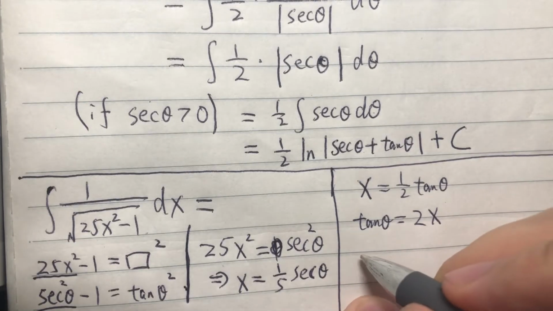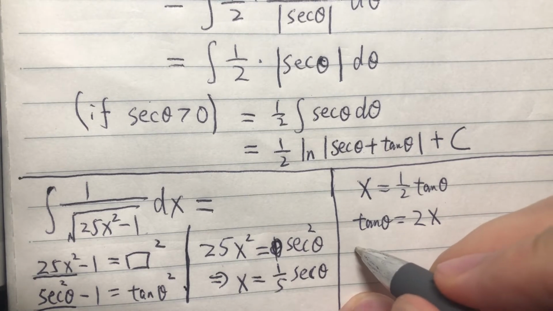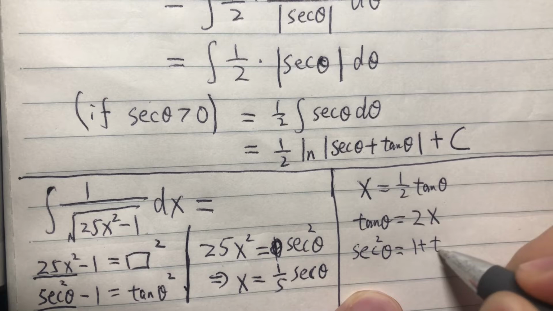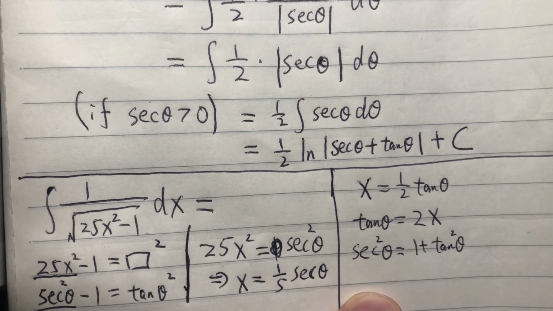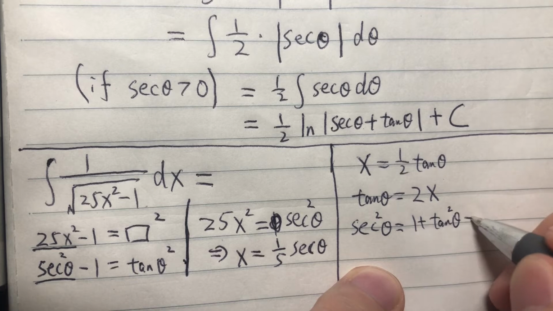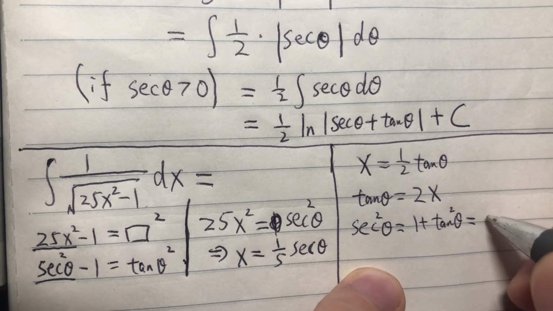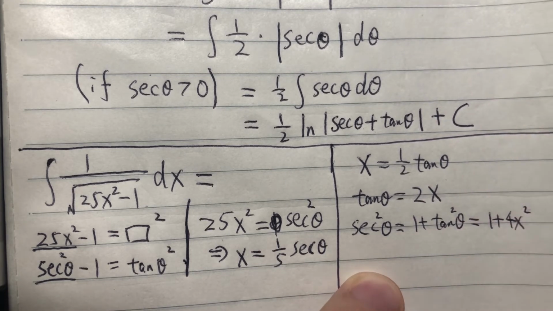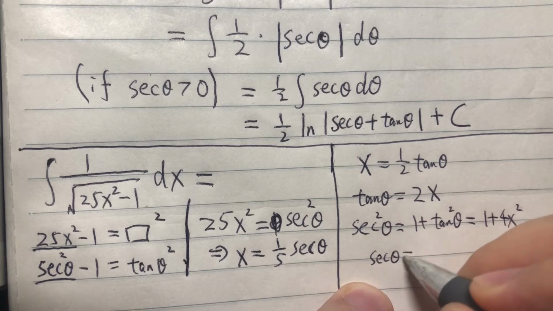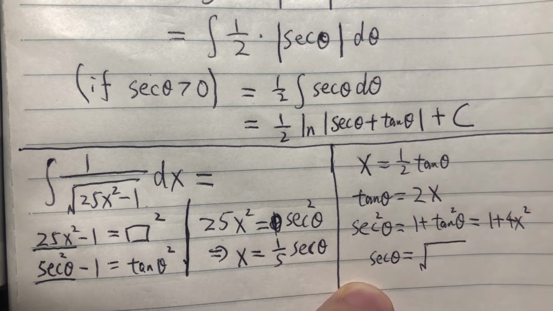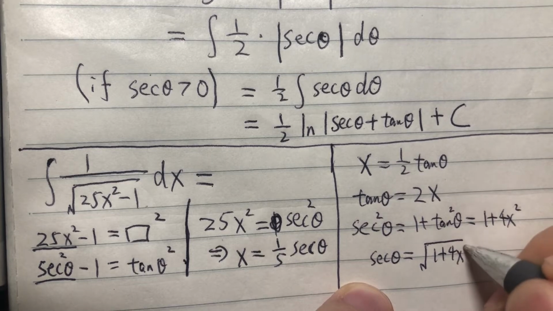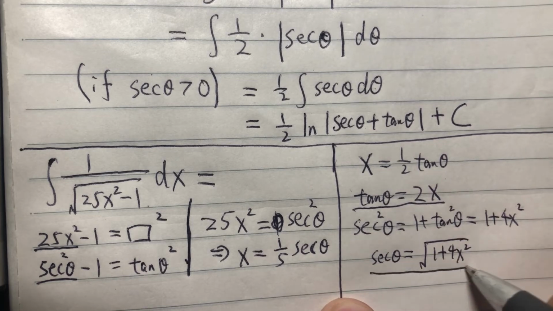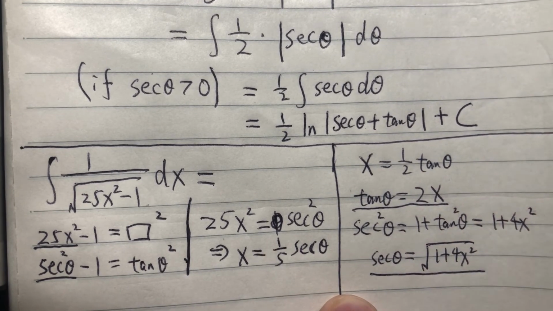Basically we can use the trig identity: secant theta squared is 1 plus tangent theta squared. Tangent theta is 2x, so it is 1 plus 4x squared. So secant theta is the square root of 1 plus 4x squared. Tangent theta is 2x, secant theta is the square root of 1 plus 4x squared.